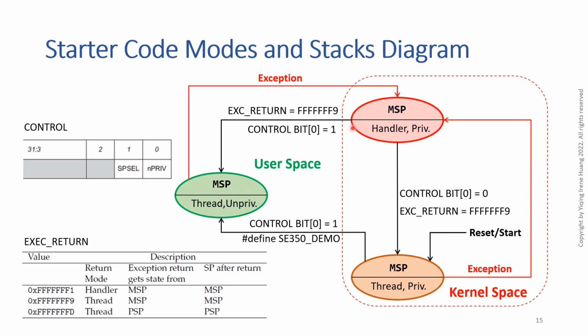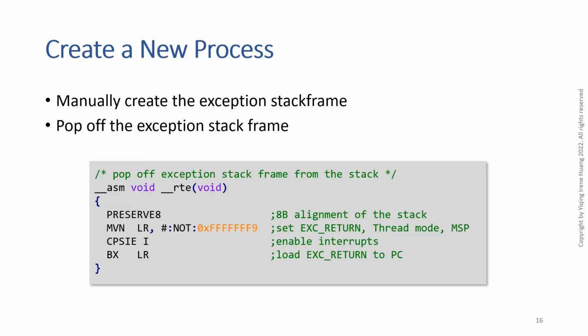That basically means you need to change the process management C file so that you set the control bit at the proper place, so your process will be running at unprivileged level.